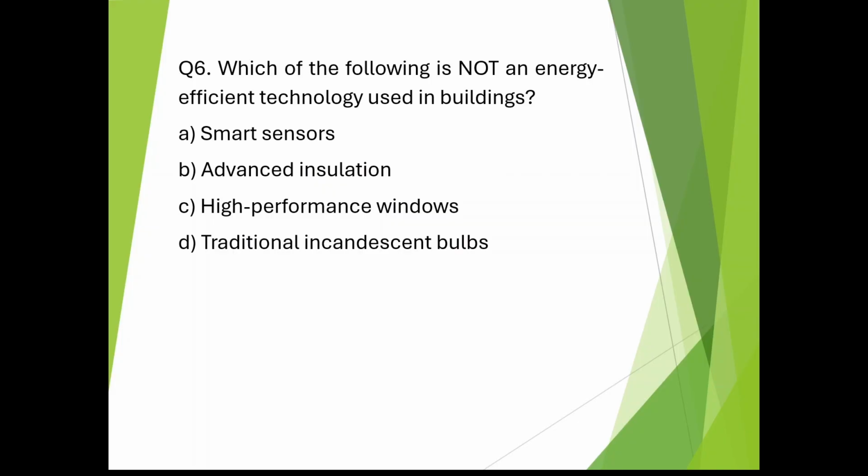So, out of the four options, which is not an energy efficient technology to be used in buildings? Try to answer this question, question number 6. Read all the four options carefully.